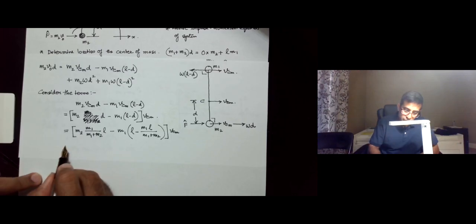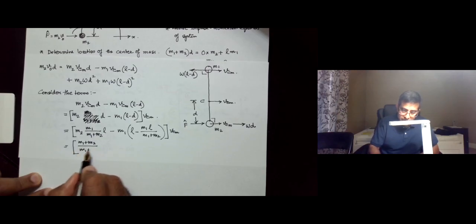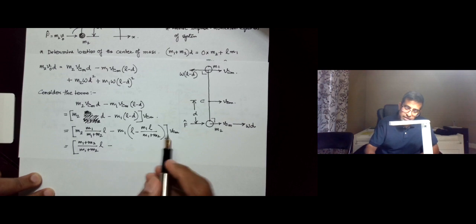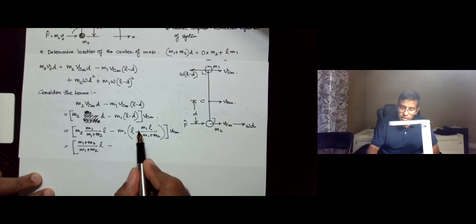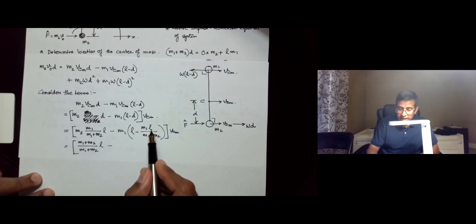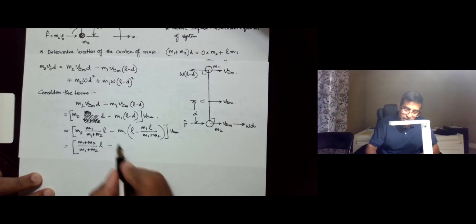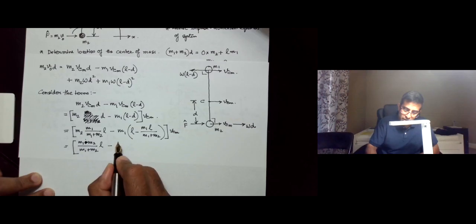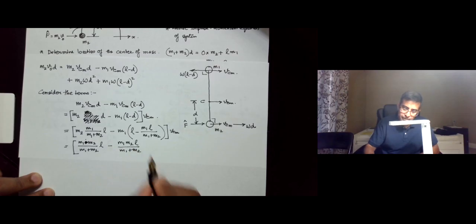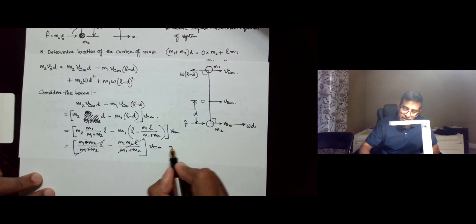So we have m1 m2 divided by m1 plus m2 times L minus... see, if I simplify this, what I'll get is m1 plus m2 minus m1 times L, so I'll get m2 times L. Oh, I'm sorry, this should be m1 m2, not m1 plus m2. So this is m1 m2, and here also I will get m1 m2 L divided by m1 plus m2 times VCM. So these two cancel and it turns out to be 0.